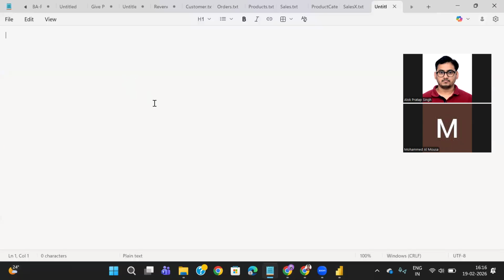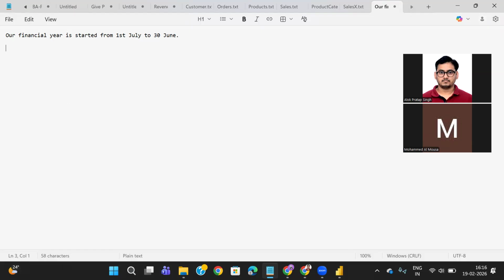So we have already discussed that our financial year started from July to June, correct? 1st July to 30 June. So we have a 6 months difference in our original date table. Agree? Yes.